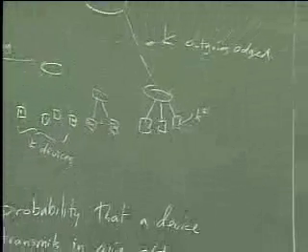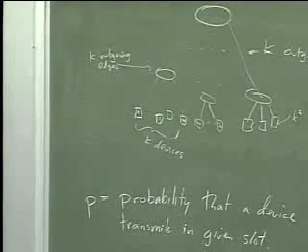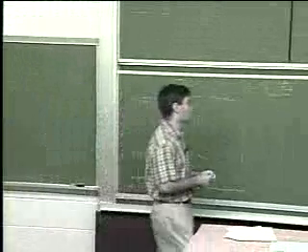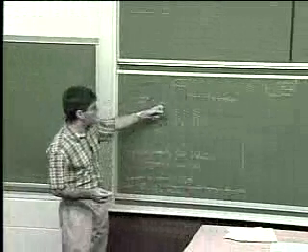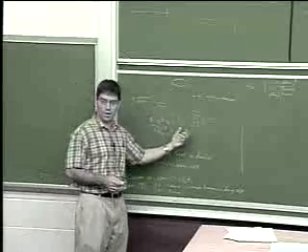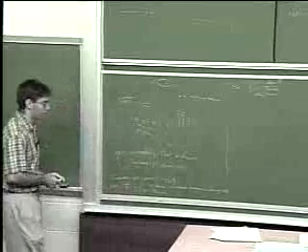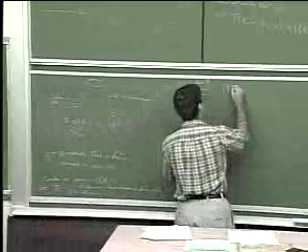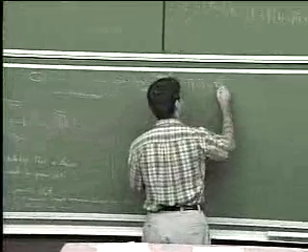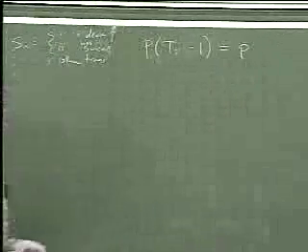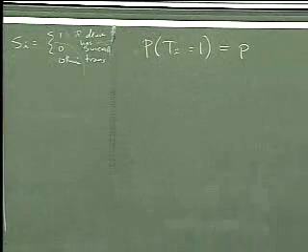So if we have K squared devices, we'll go from 1 to K squared, where devices 1 through K are under the same switch or hub, devices K plus 1 through 2K are under the same switch or hub, etc. And what I've said over here is that the probability that T sub I equals 1, the probability that the device transmits in a given slot, is going to be P.